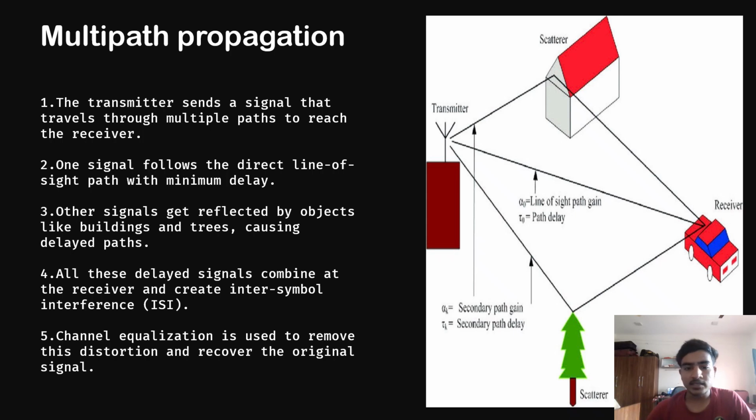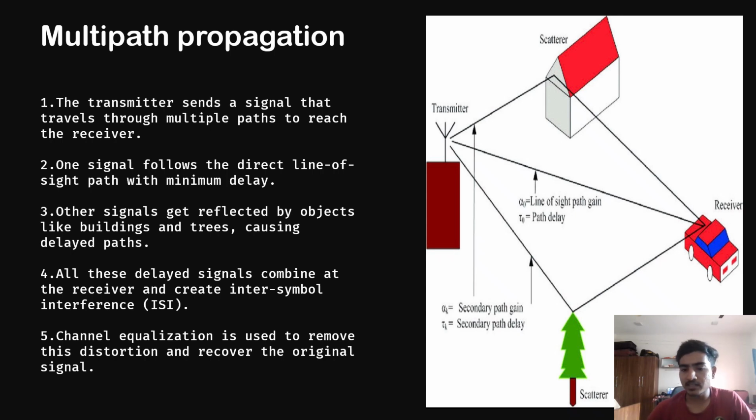Here the first signal is transmitted from the transmitter, goes through the scatterer, and after that is received by the receiver. See here, this is also a scatterer, the tree. The one signal follows the direct line-of-sight path with minimum delay, and the other signals get reflected by objects like buildings and trees, causing delayed paths.